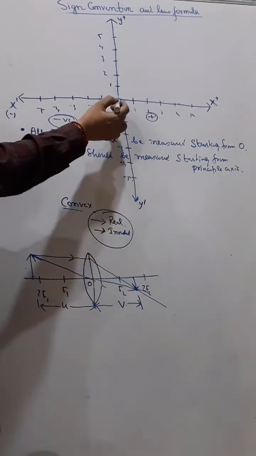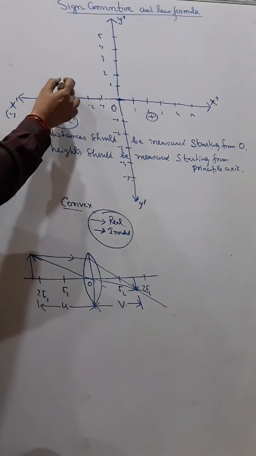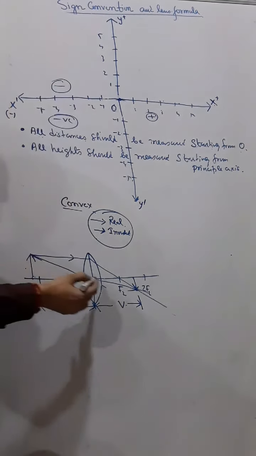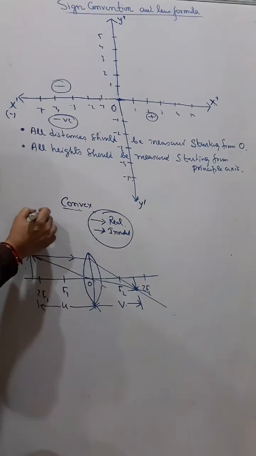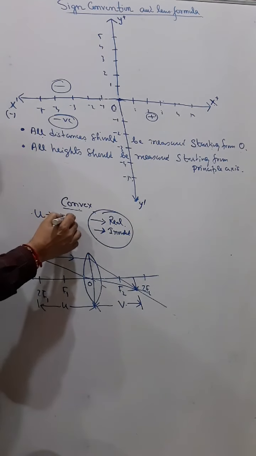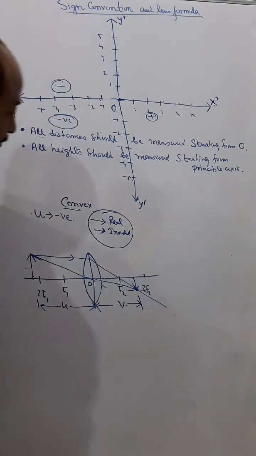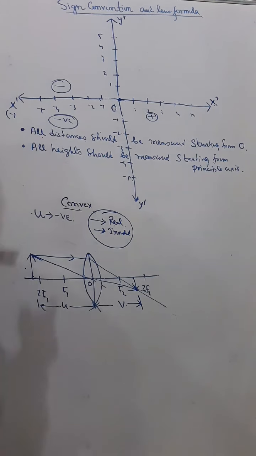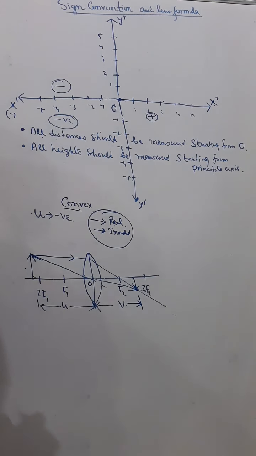So if you see in the axis, from O if you go to left side, that means you are going towards negative. So that means in case of convex lens, the object distance is always negative. That means if the object distance is given 6 centimeter, then in my formula I will put -6. Okay, so that means object is negative.